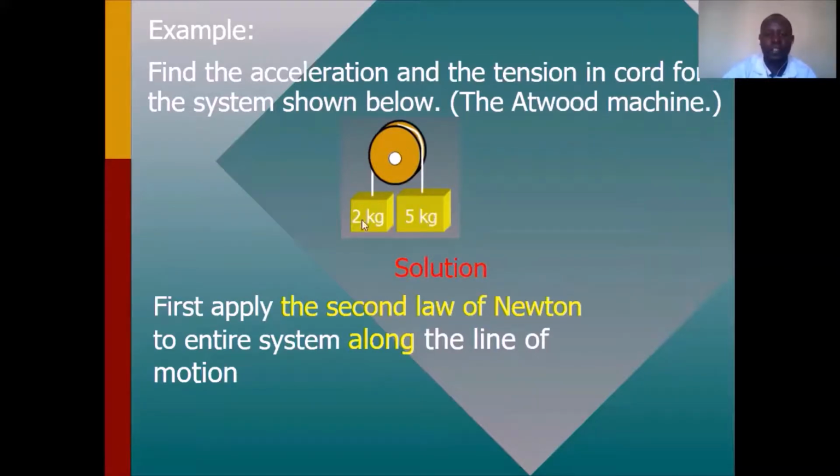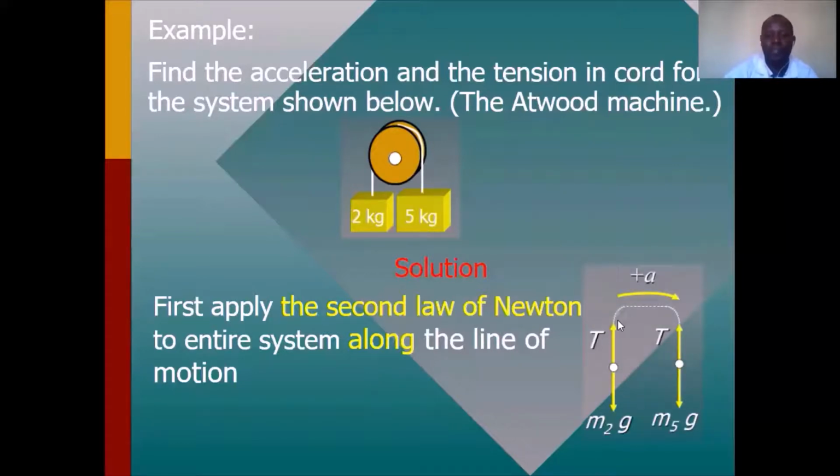Tension minus 2 times acceleration due to gravity is equal to 2 times acceleration. That is the first equation. The second equation on the 5 kg: 5 kg times acceleration due to gravity minus tension is equal to 5 kg times acceleration.